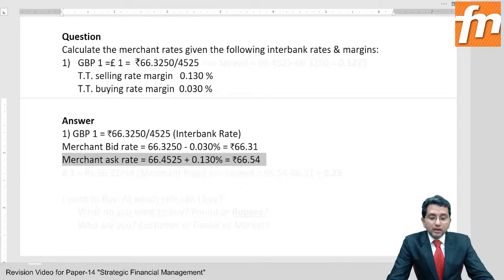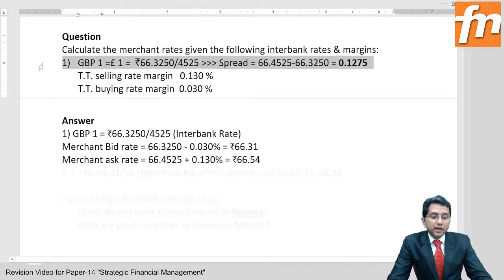Now for calculating merchant rate, you need to add the margin. 66.4525 plus 0.13% is 66.54. Now I told you about the bid ask spread. If you calculate the bid ask spread over here, it will be 66.4525 minus 66.3250. So the spread in the interbank rate is 0.1275.